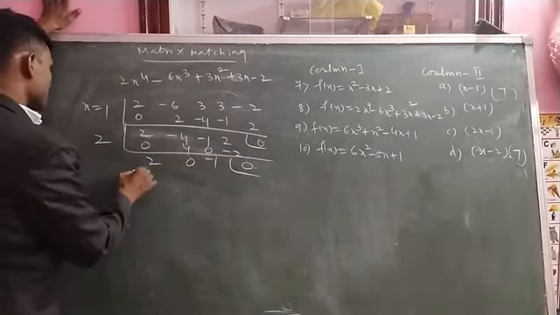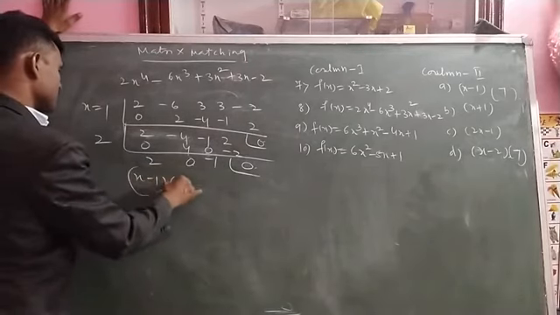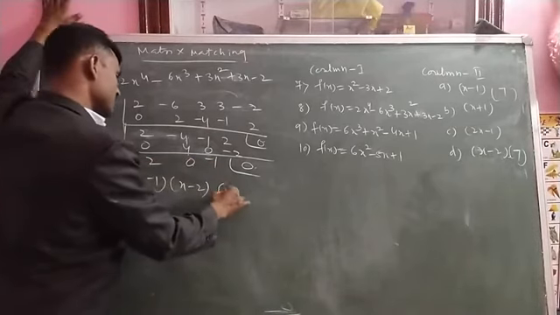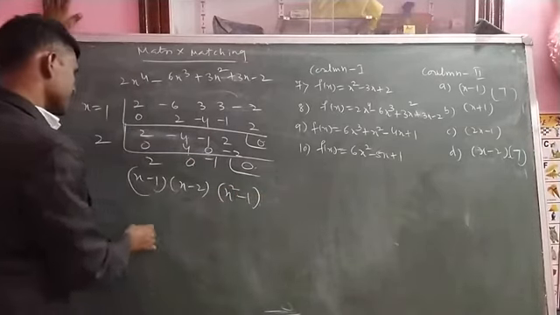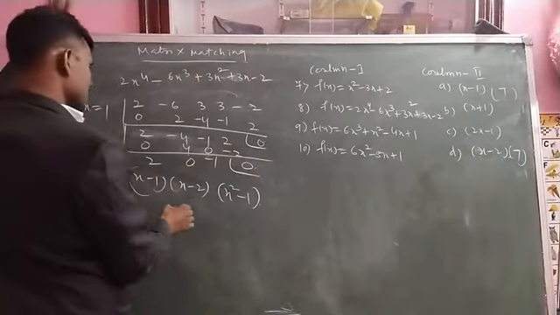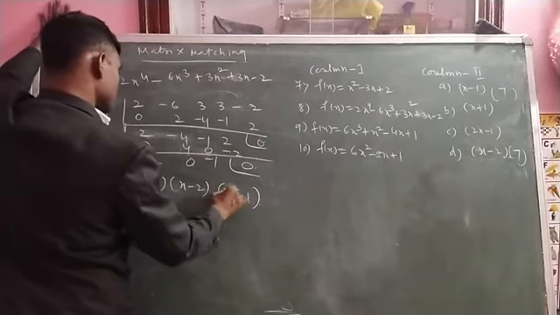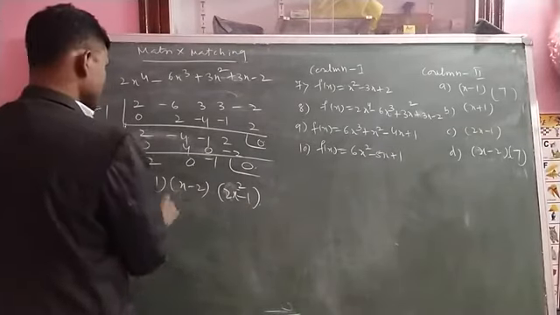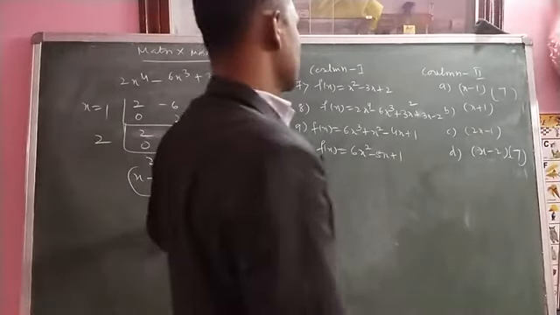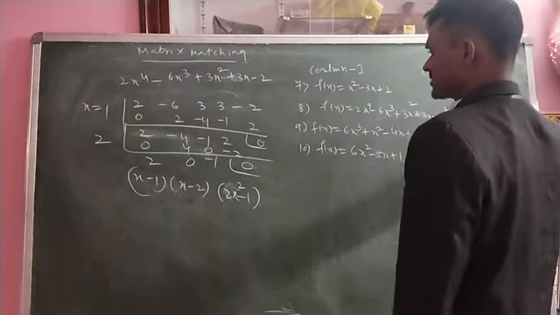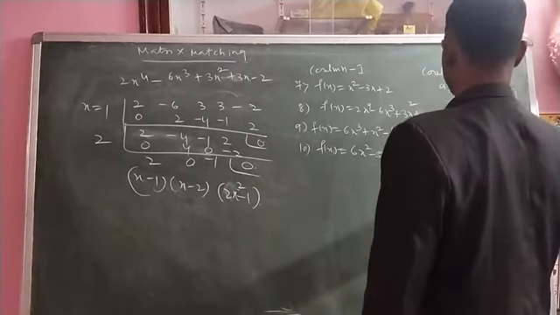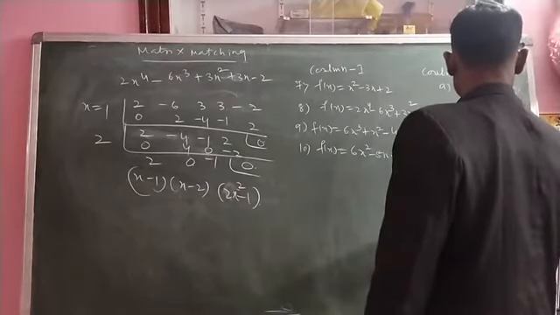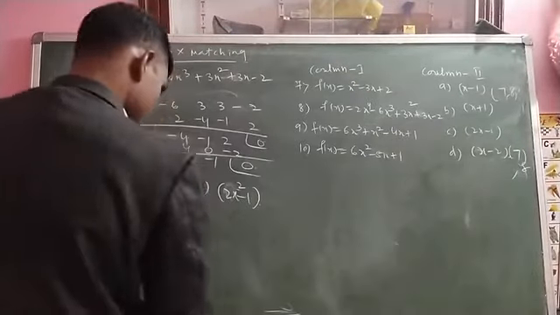Okay, now this is written as x minus 1 into x minus 2 into 2x square minus 1. Now here x minus 1, x minus 2 both are there. This is the eighth one. Okay, note this down.